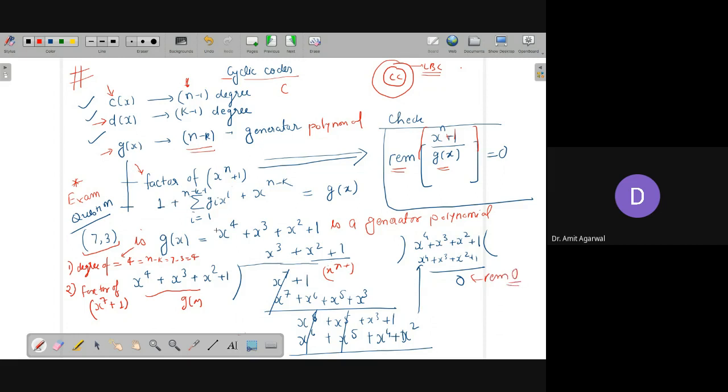So this polynomial satisfies the two conditions: it has degree n minus k and it is a factor of x to the power n plus 1. Therefore, it can be used as a generator polynomial for a (7,3) cyclic code.